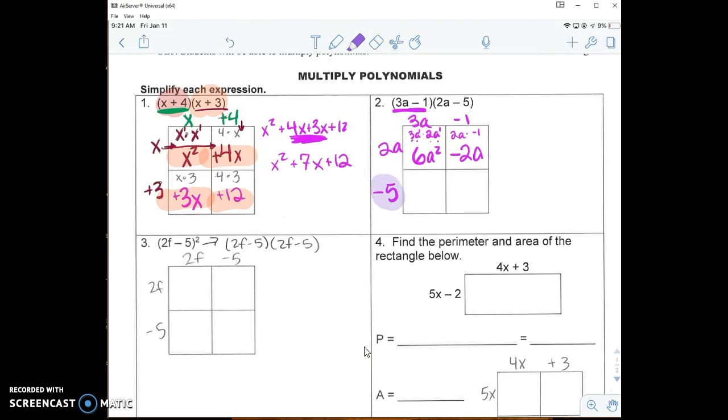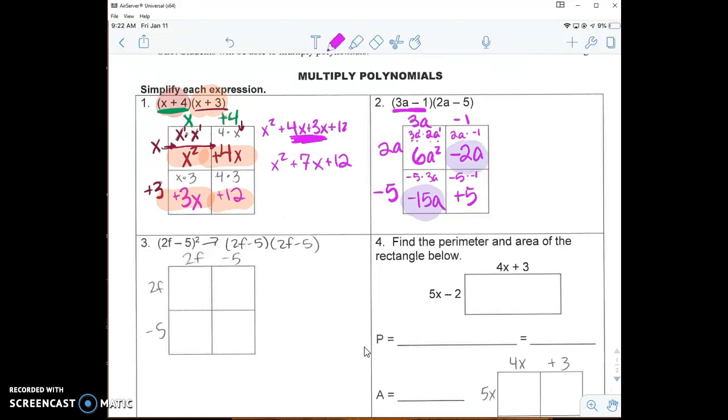Negative 5 times 3a. Negative 5 times 3a. Negative 5 times 3 is negative 15. Keep the a. And in my last box, negative 5 times negative 1 makes positive 5. So on the last one, I wrote everything out and then I combined my like terms. But notice my like terms are right here diagonal to each other.